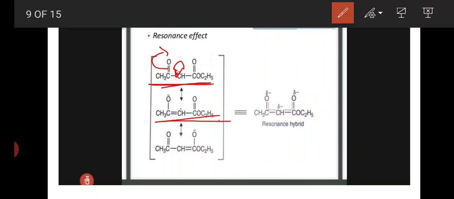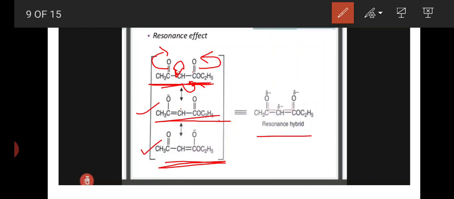If the negative charge shifts to the right side, then this pi bond shifts to oxygen, and this resonance structure is formed: CH3C double bond O, CH double bond C, O minus OC2H5. So this carbanion shows two resonance structures, number 1 and number 2.